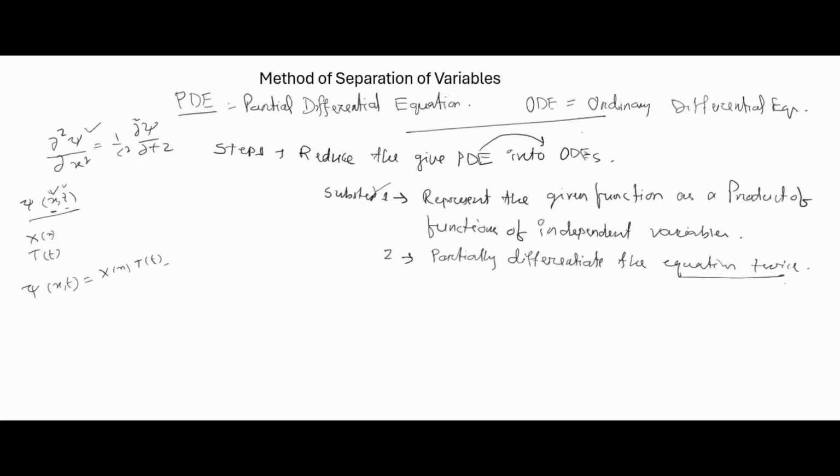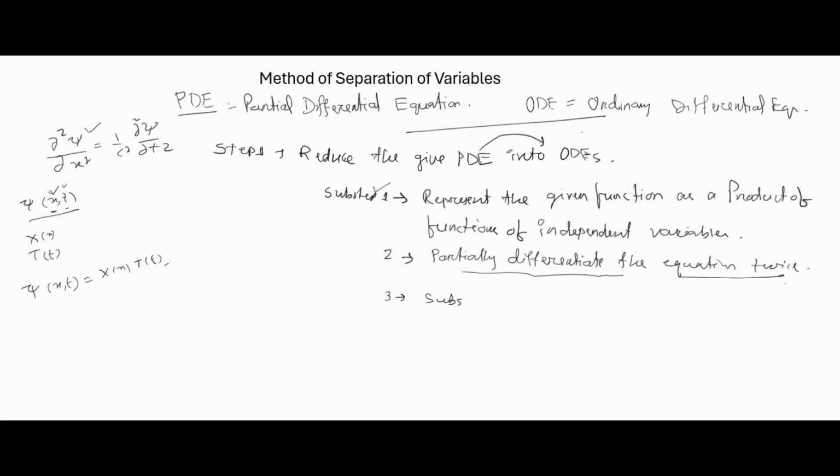Why? Because the partial differential equation may contain second order partial derivatives, or may contain first order partial derivatives. So depending upon that, we have to partially differentiate the equation obtained in substep number 1 once or twice, depending upon the requirement.